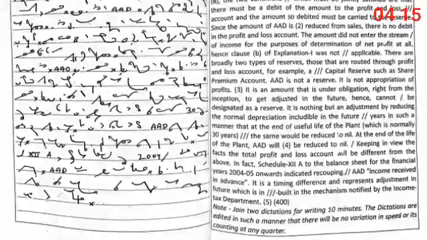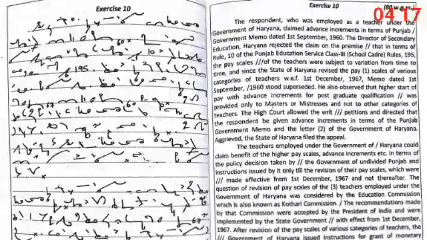The respondent, who was employed as a teacher under the Government of Haryana, claimed advance increments in terms of the Punjab government memo dated 1st September 1960.